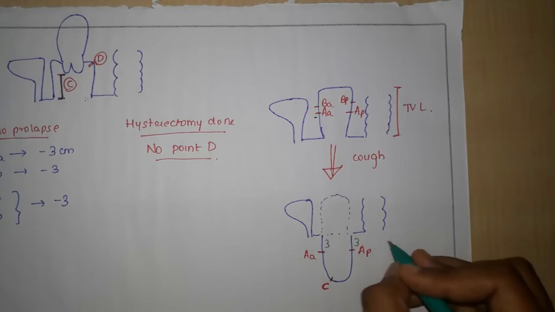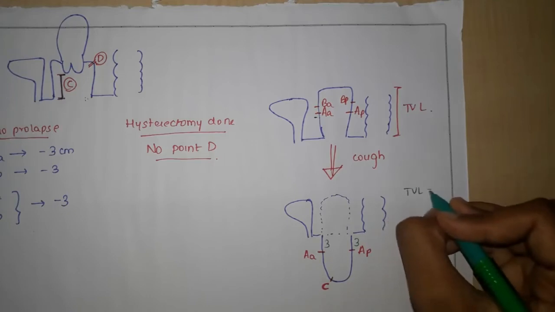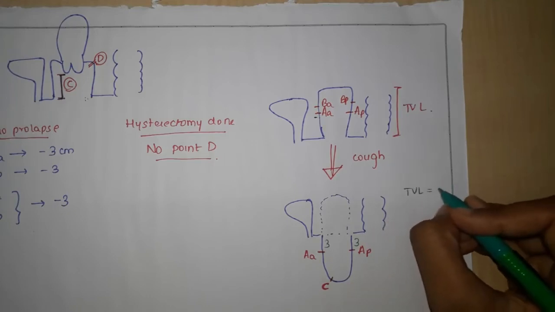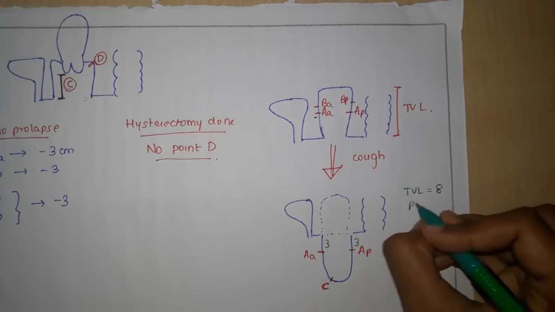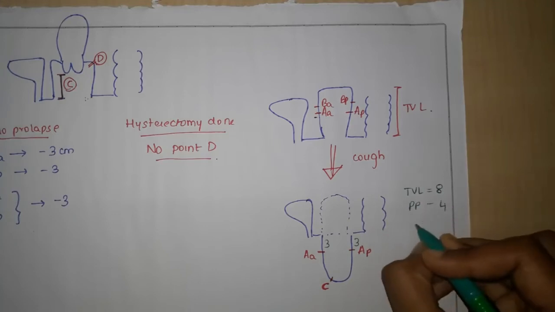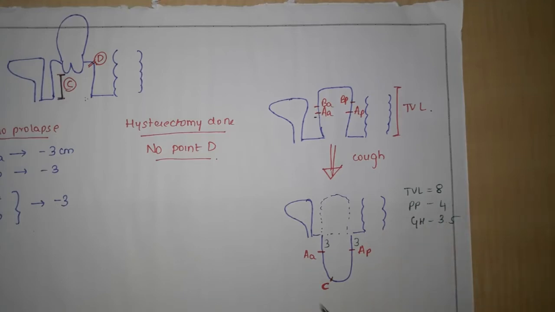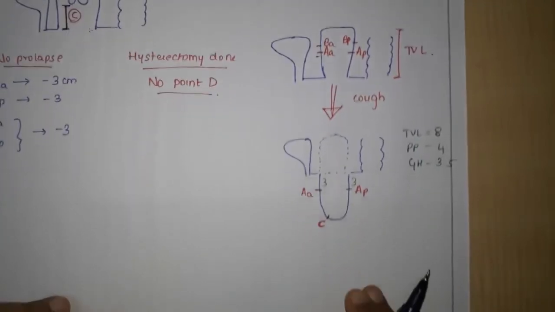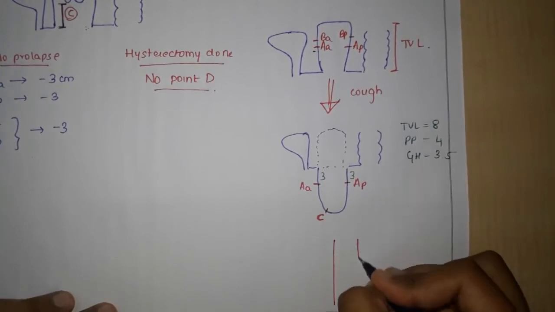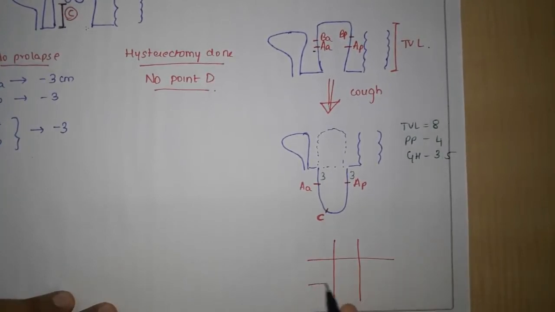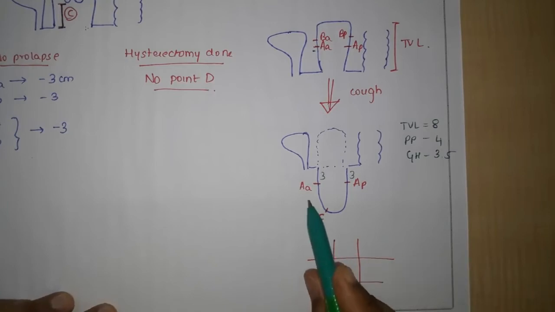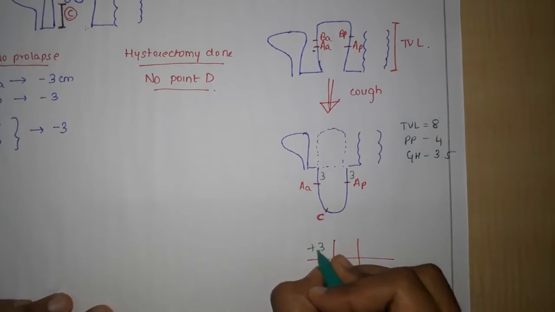See, your C will be equal to your total vaginal length. Imagine if the TVL was around 8 cm, if the PB was already given to be 4, and if your genital hiatus was 3.5, then the grid for this prolapse would be something like this. So first box with respect to AA, this will be +3.